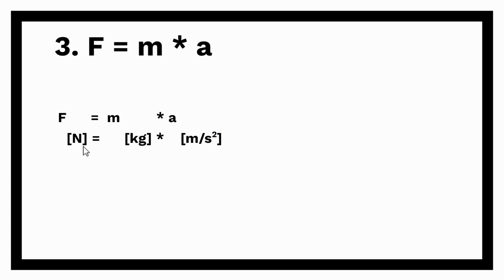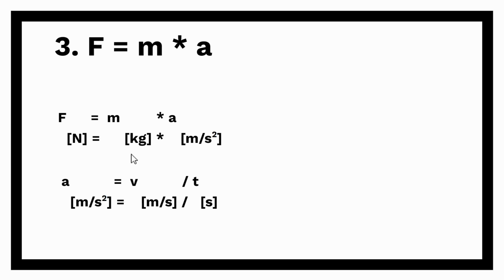But newtons is its own unit, right? Kilograms times meters per second squared, nothing cancels, right? It's not like acceleration, where meters per second divided by seconds is meters per second squared. That just happens. But newtons, how do you get newtons from this?